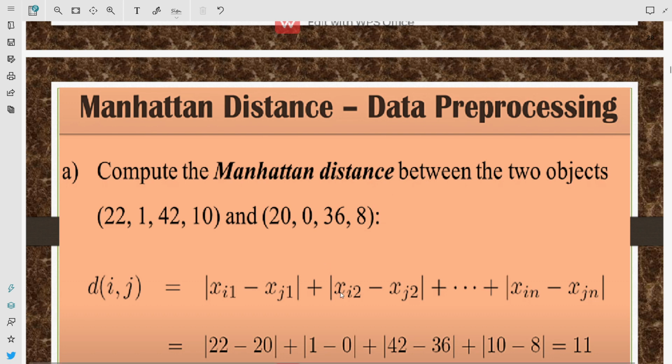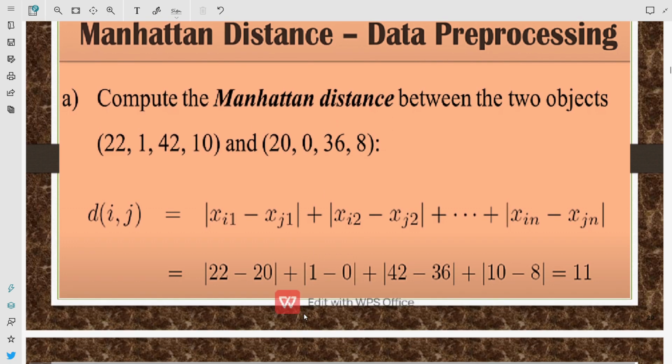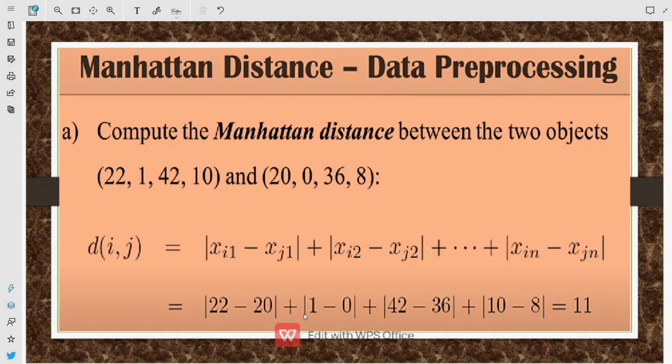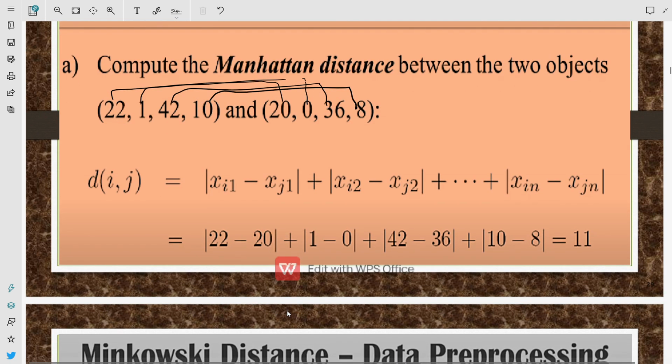Then see here the Manhattan distance. Previously we discussed, in the 2 marks question itself, the difference between the Euclidean distance and the Manhattan distance. So this is how the Manhattan distance is computed. We find the absolute differences between the points and then sum up those values.